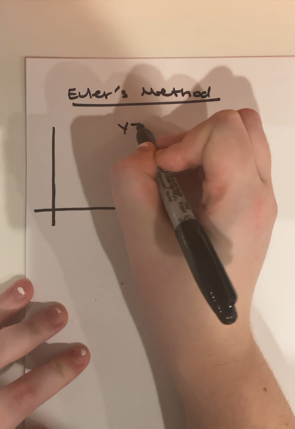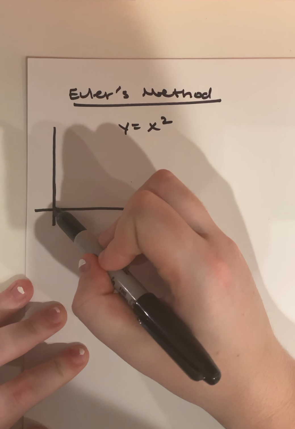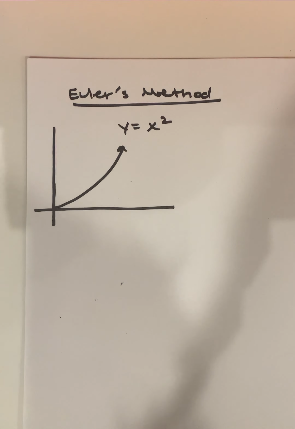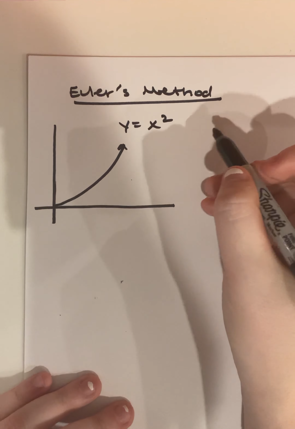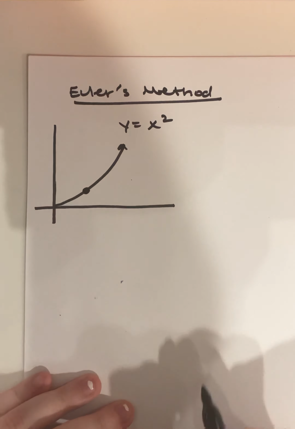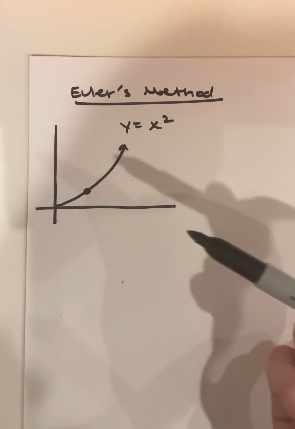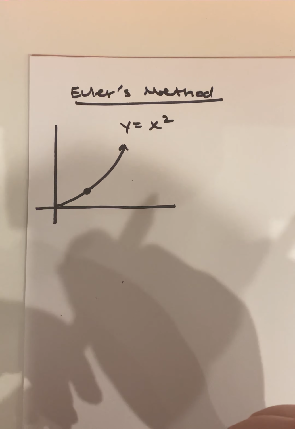So y equals x squared. It's poorly drawn, but everybody gets the point. You will be taking any point on the graph, wherever you want to start, and we've been starting at (1, 1).